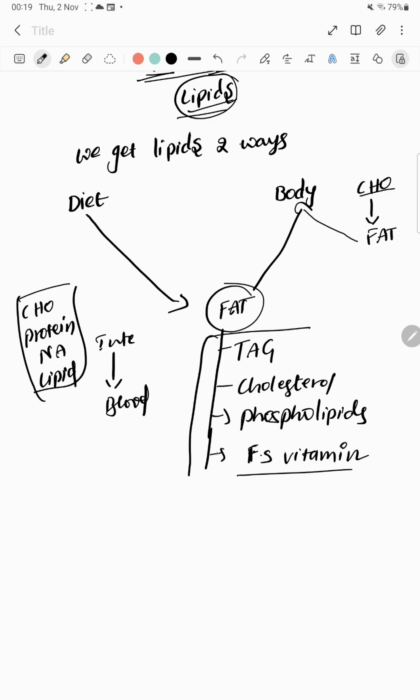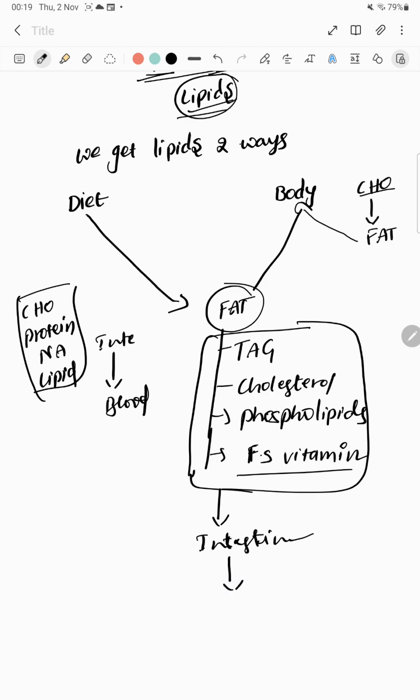Similarly, fat is also one of the biomolecules or food compounds. Once these fats get absorbed via the intestine, they'll be released into the bloodstream, or blood circulation.